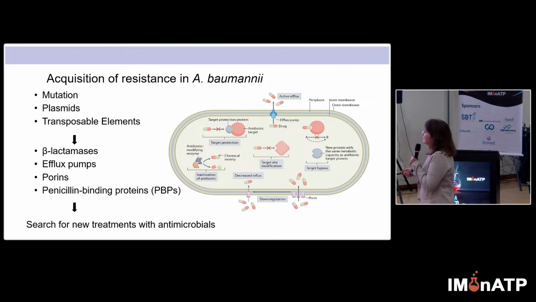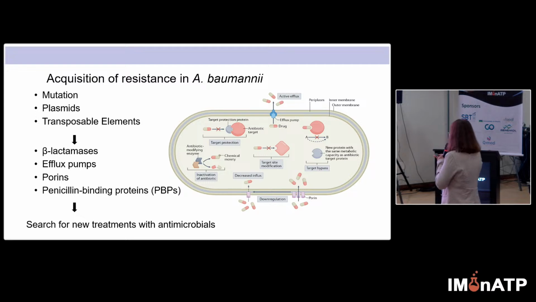So Acinetobacter baumannii is very, very resistant to different kinds of antibiotics, and we are also searching for new treatments with new antimicrobials.